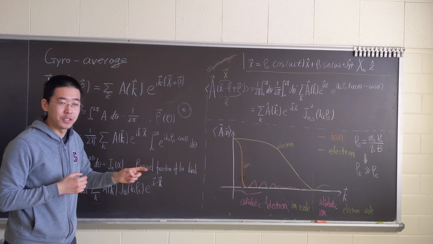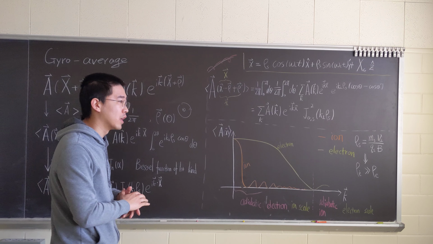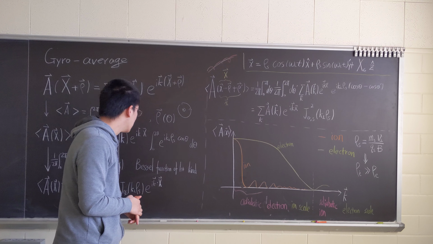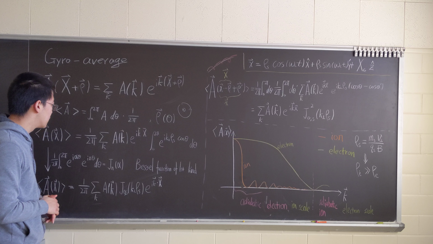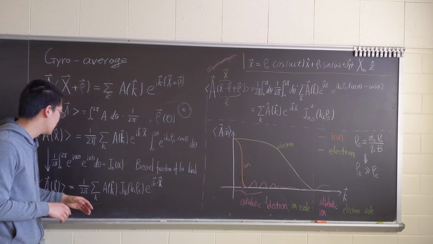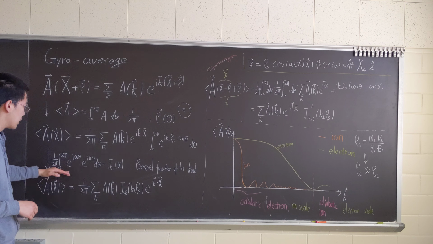S stands for species. It's just a notation that I use. If you didn't recognize this, you can check the Bessel function of the first kind. The integral form will be written in such a way. For our case, n equals 0, so we end up having a J naught of k perpendicular rho s.